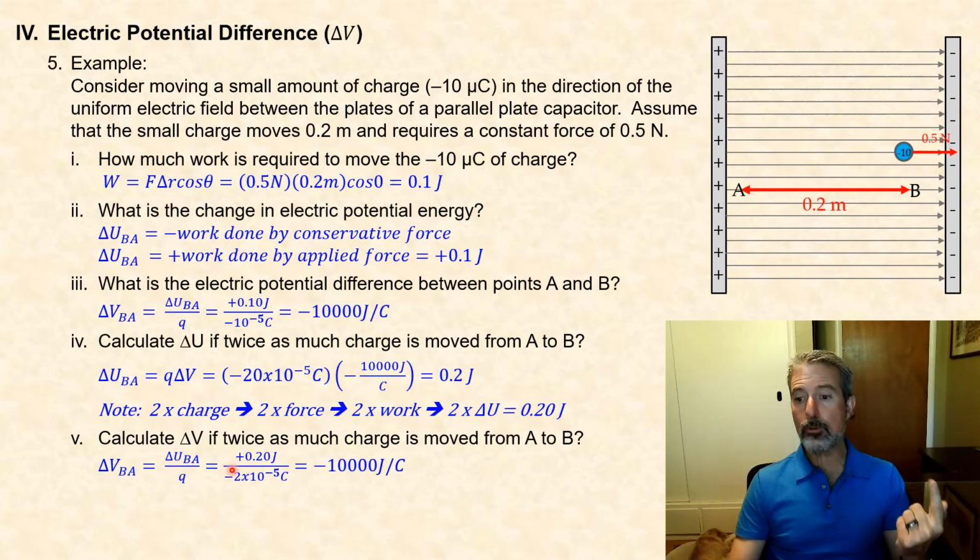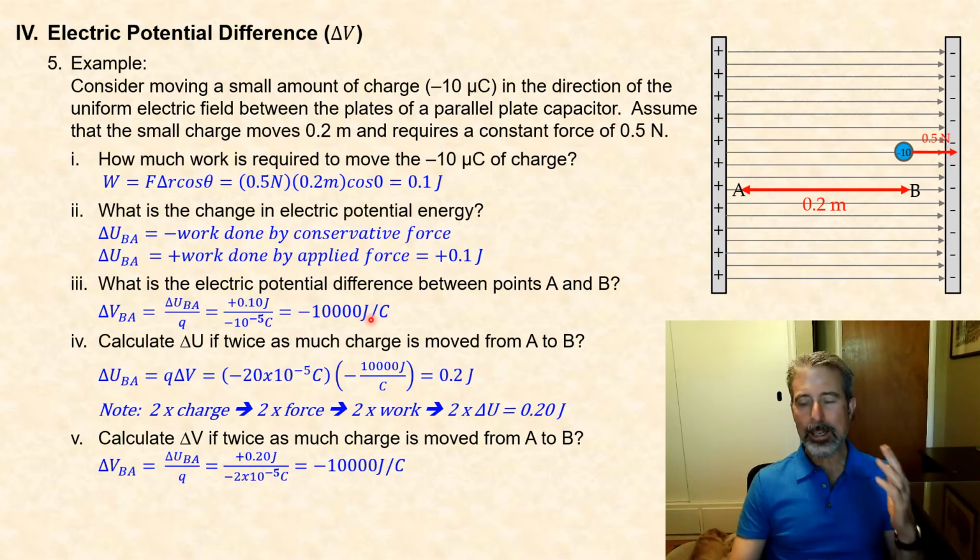We divide through by the charge, which is negative 20 microcoulombs. And hey, look what happens. The difference in electric potential is identical. Notice this value here is exactly the same as this value here.